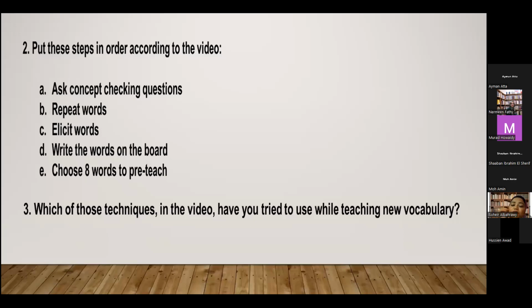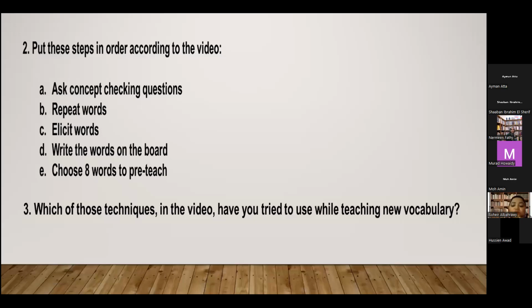Let's agree on something. The first step will be E. Okay. The second, which one? Just write one by one, please. Yes, we have answers.